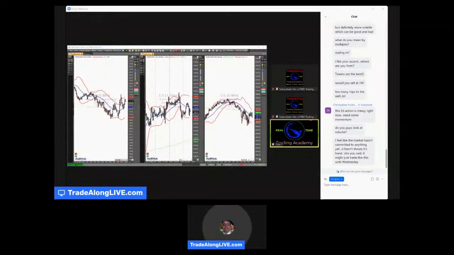And now we get to see if they're going to take it all the way back to 58 again. That's true, it might, it's pretty choppy. But no, we don't look at volume. What we look at is what's on the chart.